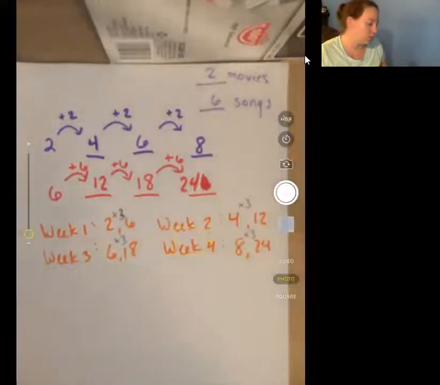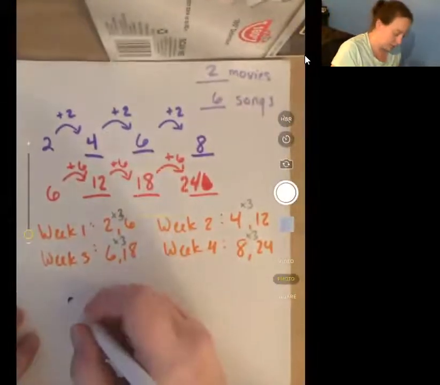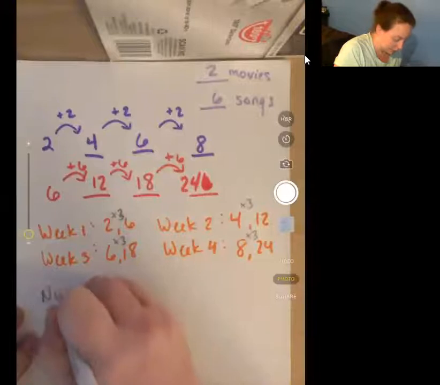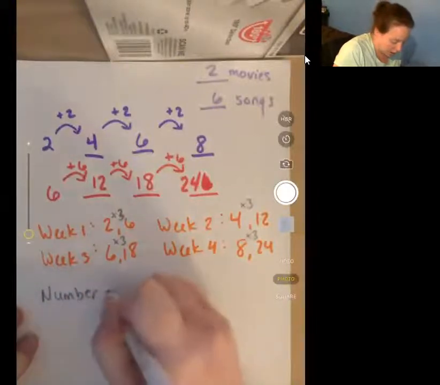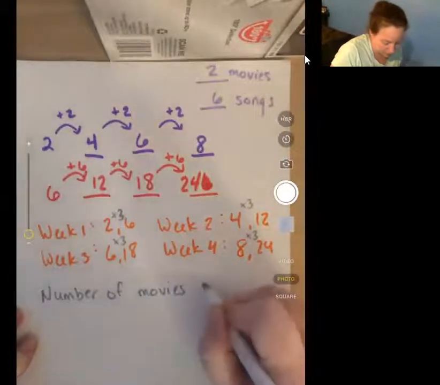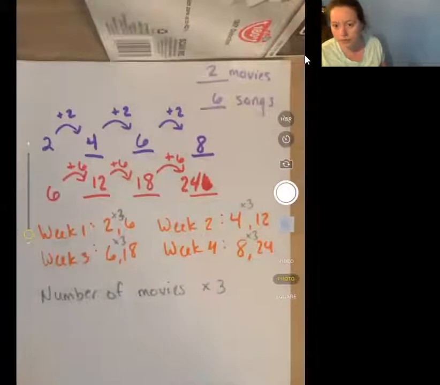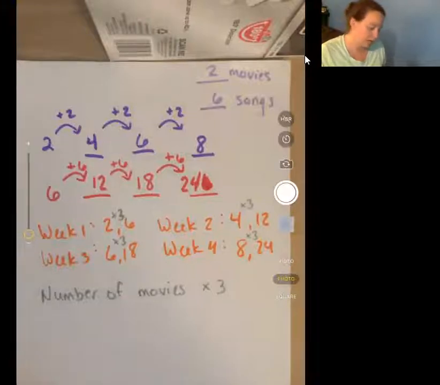So in the little blue, our rule is number of movies times 3. That's our rule. So number of movies times 3 is how many songs we have.